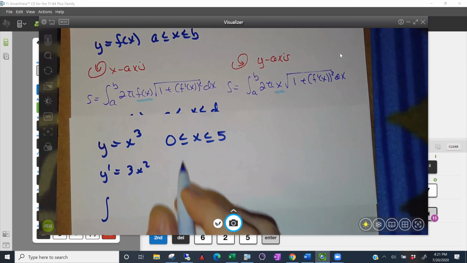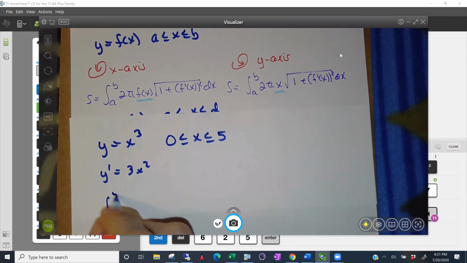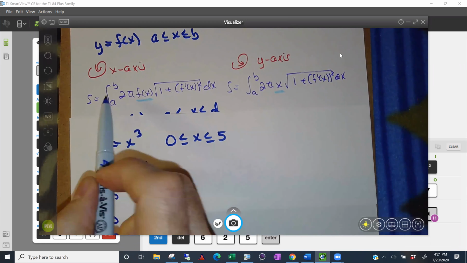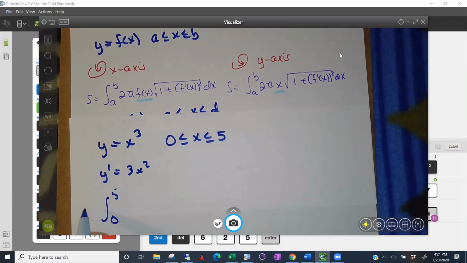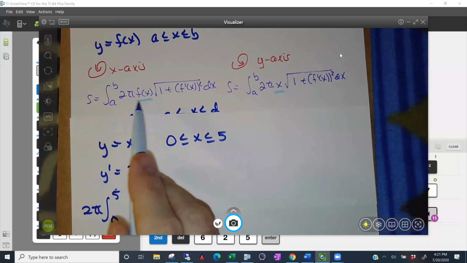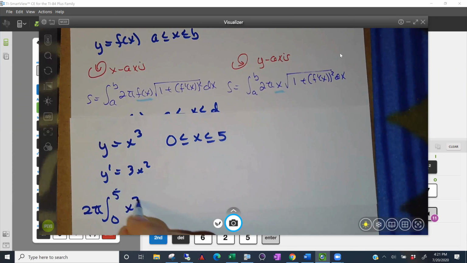So that's going to be the integral between 0 and 5. 2 pi, I wrote it in the integral, but you know what? That can come out because that isn't dependent on our variable. F of x, that was our x cubed, and 1 plus f prime of x, which is 3x squared, squared again, dx.